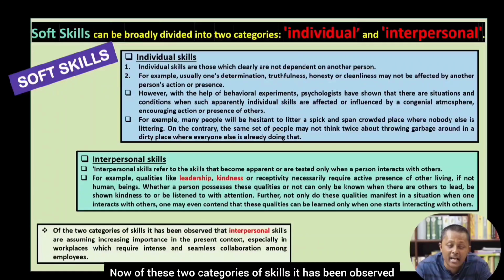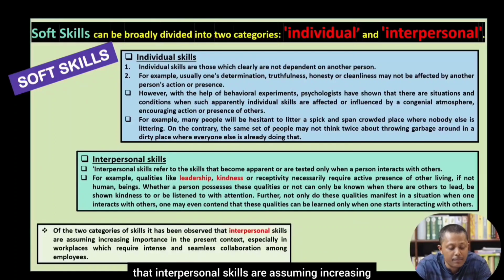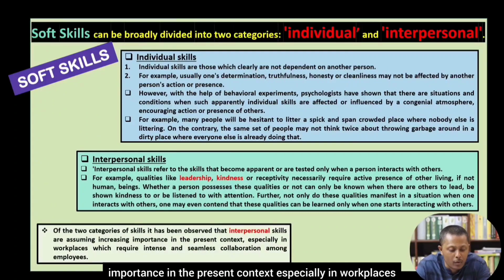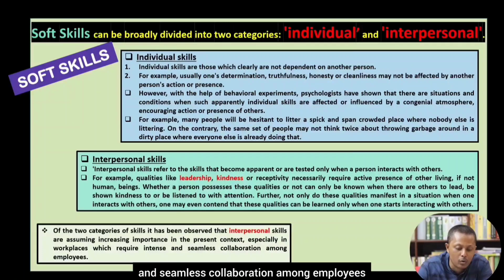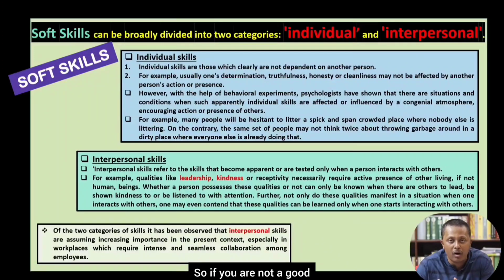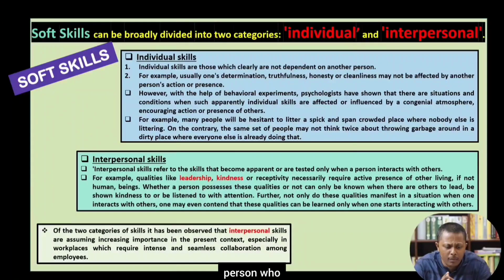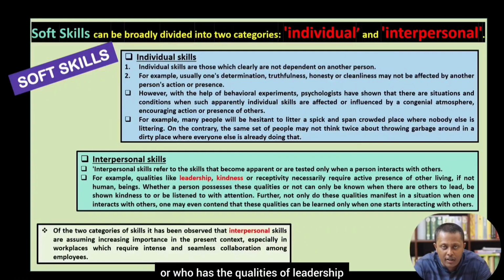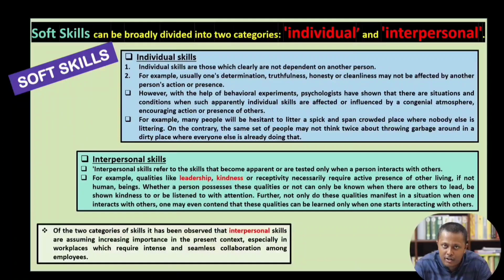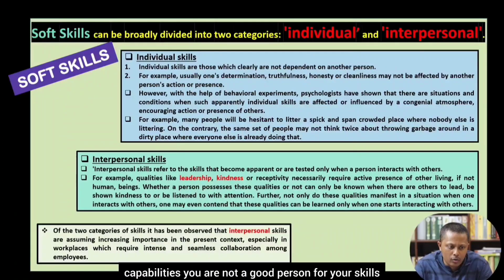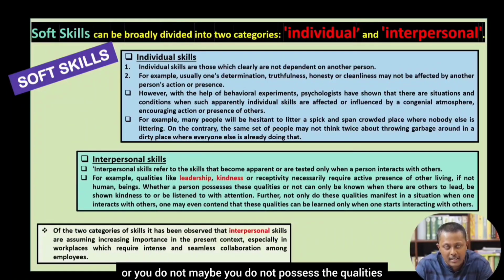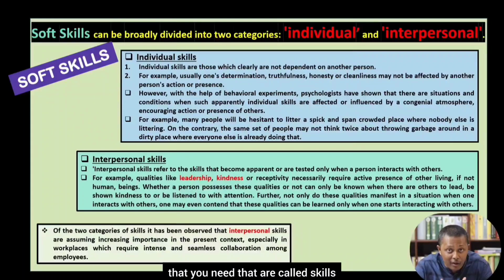Now, of these two categories of skills, it has been observed that interpersonal skills are assuming increasing importance in the present context, especially in workplaces which require intense and seamless collaboration among employees. So if you do not have the power to lead, or the qualities of leadership or kindness, or that intellectual interaction capability, maybe you do not possess the qualities that are called skills.